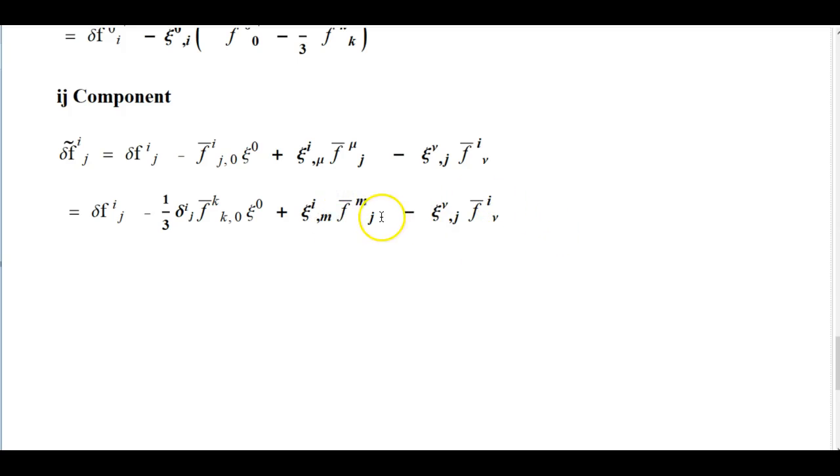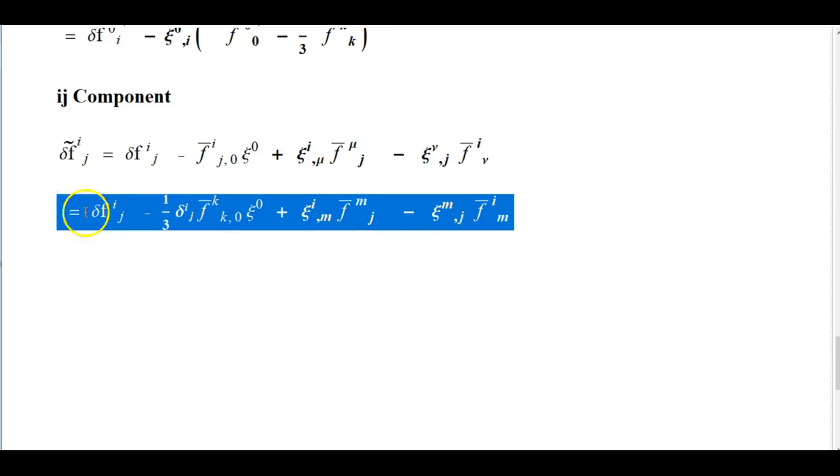Similarly here, now we'll simplify this further. I will write this in this form. Here again, the 0, 0 component, we have to contract on nu. When we contract on nu, the first term is 0, and that f bar I0 is 0. So that is gone, and we are left with m here and m here. M goes from 1 to 3.